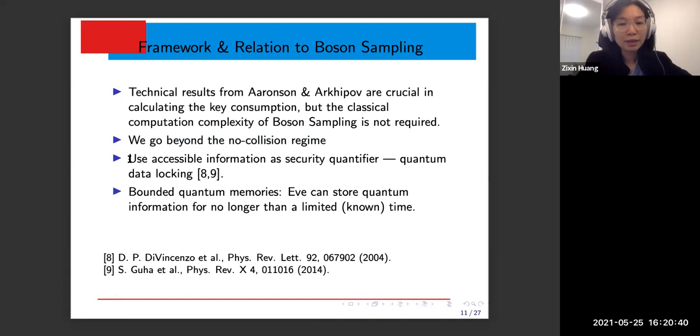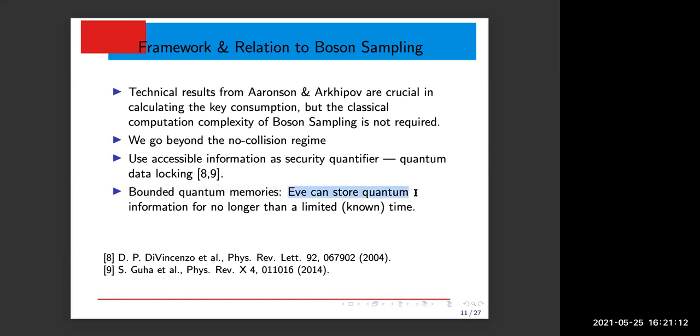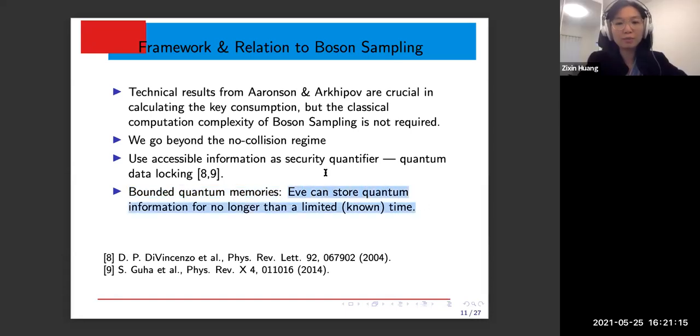So in the security proof, we do have to use the accessible information as the security quantifier, and the enhancement is provided by the quantum data locking effect. But unfortunately, because we're using the accessible information as opposed to the high-level information, we have to impose the bounded storage model for quantum memories, which means that we assume that Eve has a quantum memory which is going to elapse after a known given time.